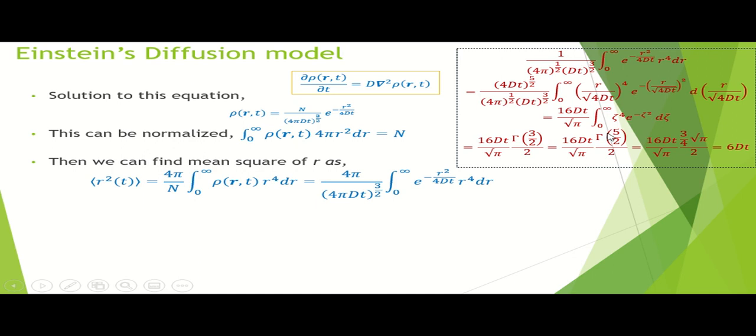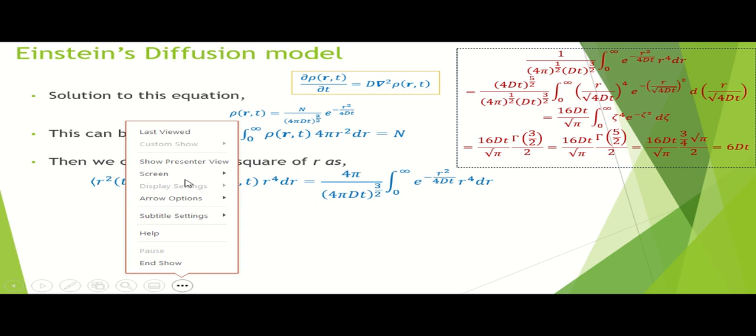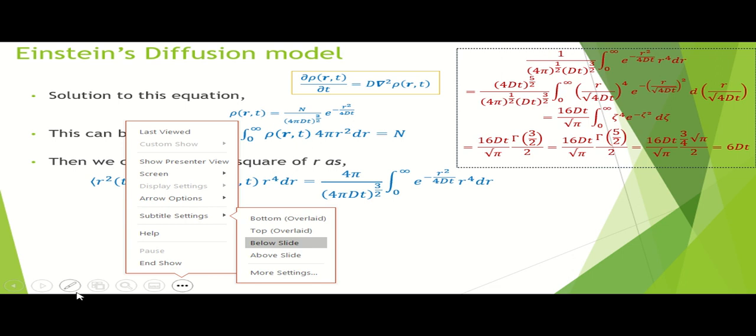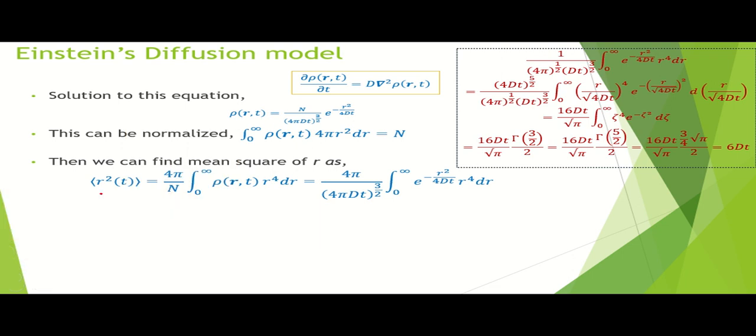And okay, so this is a gamma integral, and that gives us gamma function of 5 by 2. Okay, I'm sorry, actually this is wrong.